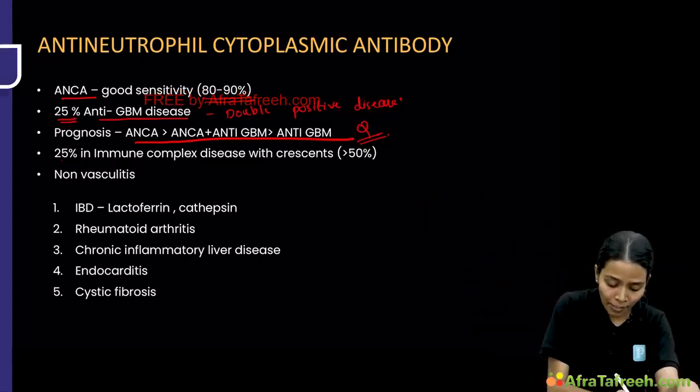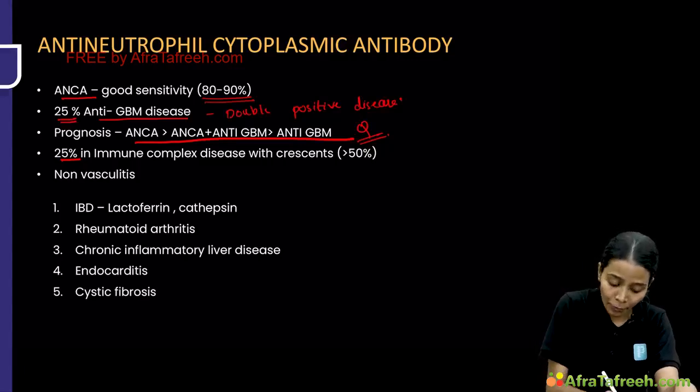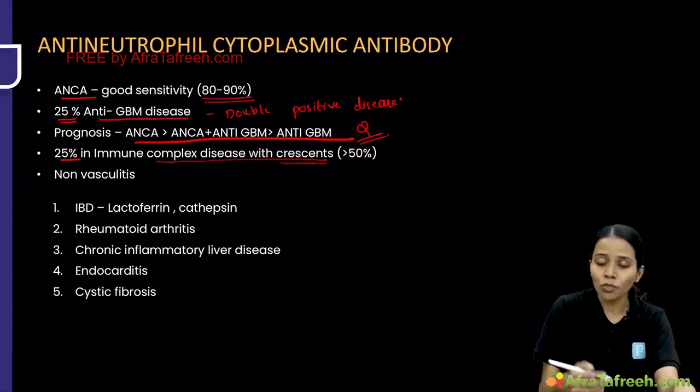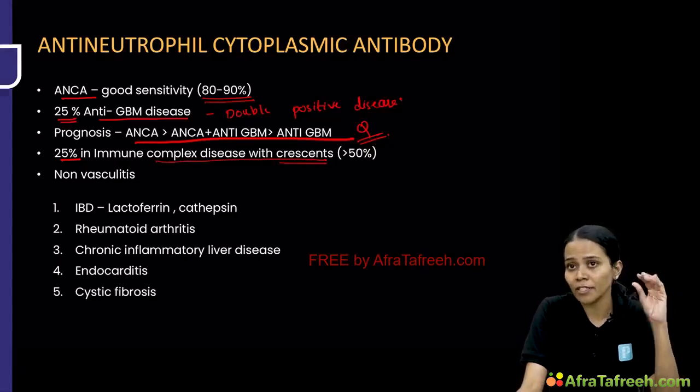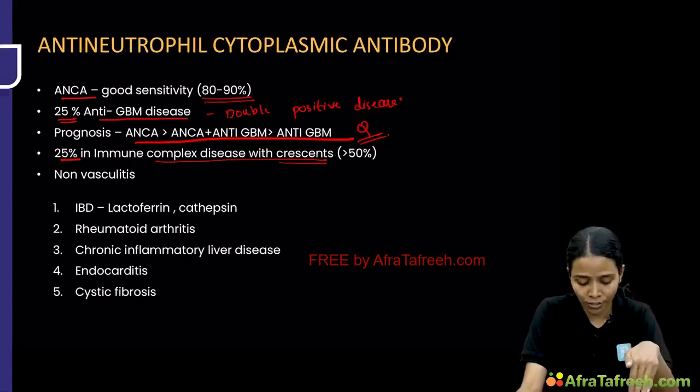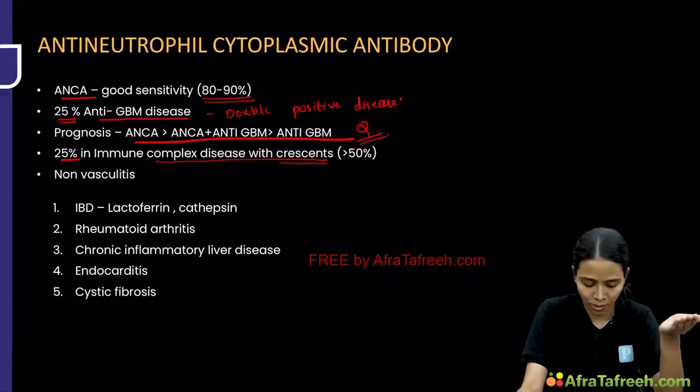Now 25% of immune complex disease with crescents shows ANCA positivity. So whichever immune complex disease, like SLE, RA, has more than 50% crescent involvement, in those conditions also you can see ANCA positivity.